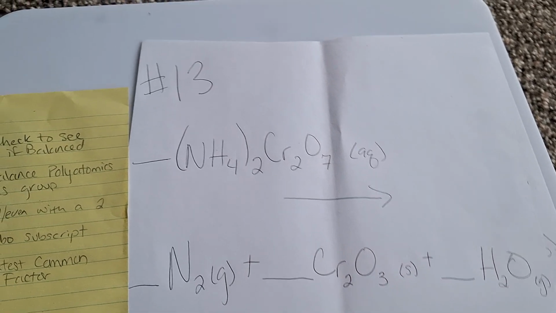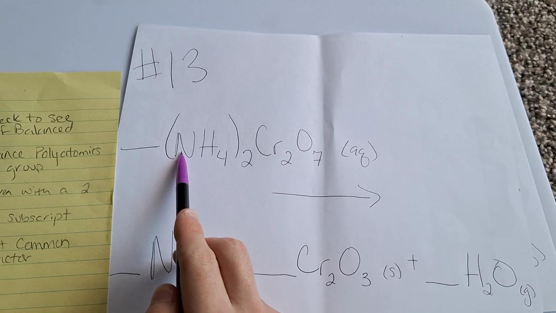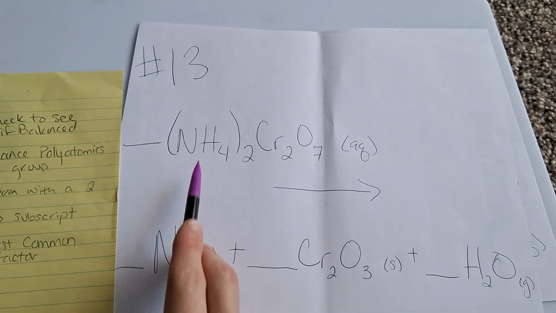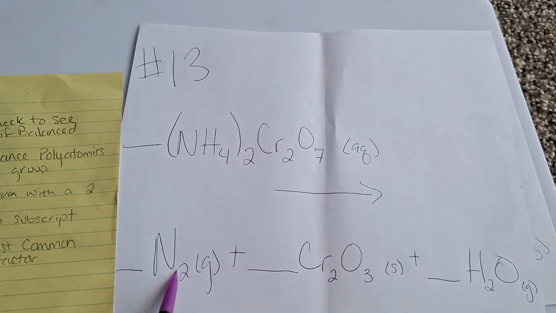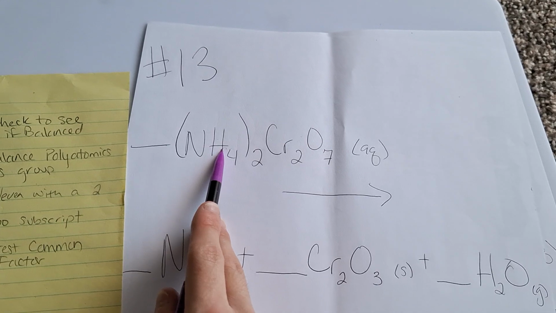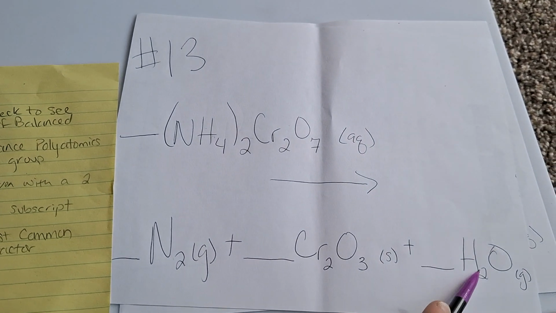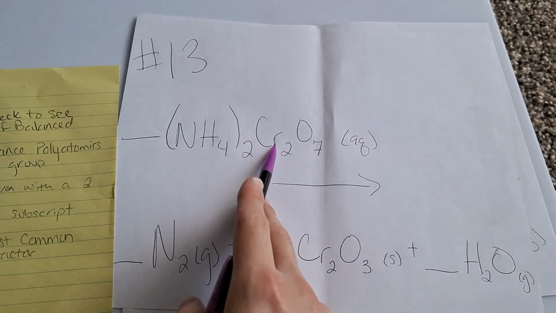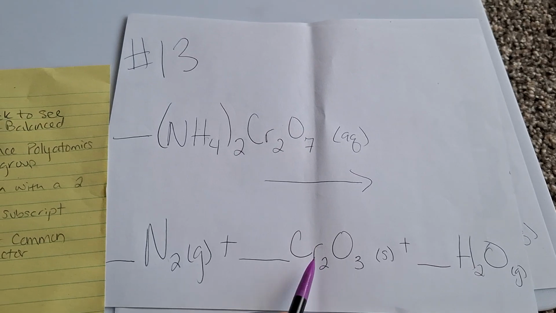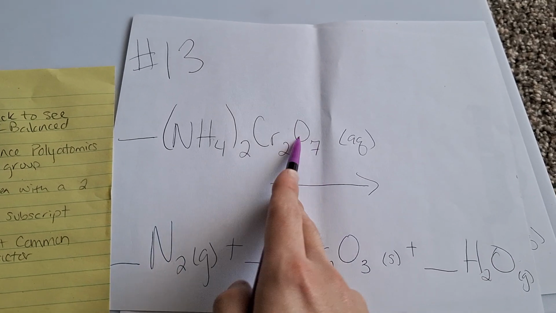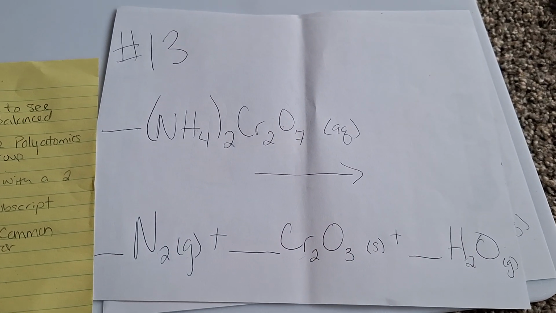So, we obviously know that it's not balanced. 2 nitrogens, 8 hydrogens, 2 hydrogens, okay? 2 CRs, 4 oxygen, 7 oxygen. Obviously not balanced.